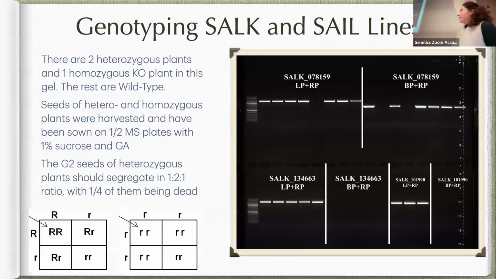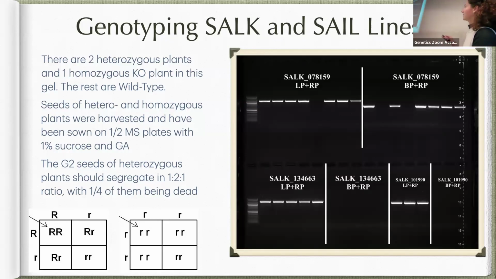So this is an example of what one of those gels can look like. This is one of the T-DNA lines that I showed earlier in that little graph. On the left, we have our left primer and right primer. So this would be the band that we get if we have a wild type allele in our plant.